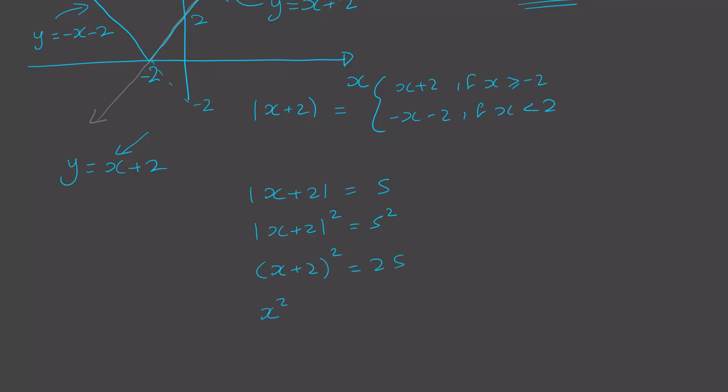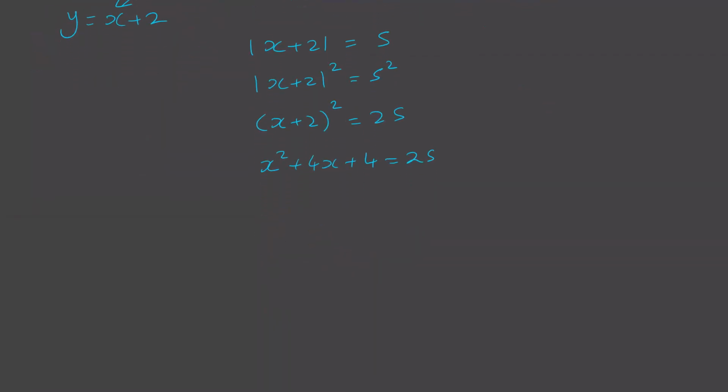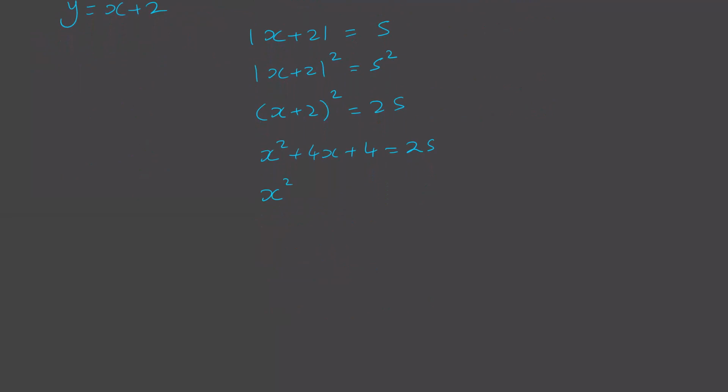So x squared plus 4x plus 4 is equal to 25, which gives us x squared plus 4x take away 21 is equal to 0, and we can factorize that into x minus 3 and x plus 7 is equal to 0, giving us x is 3 and x is -7.